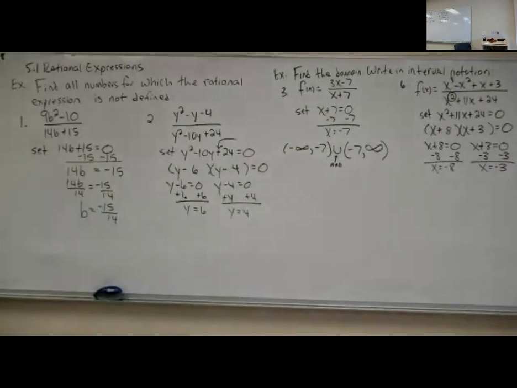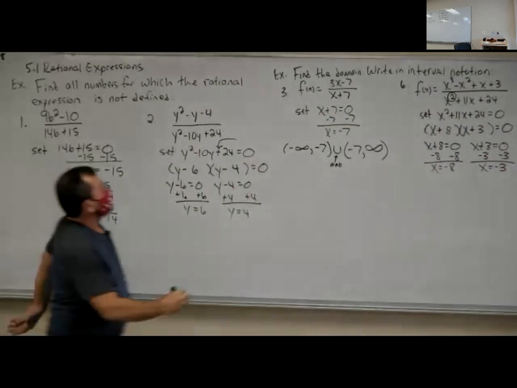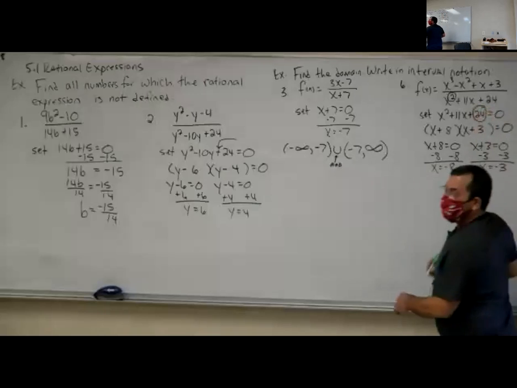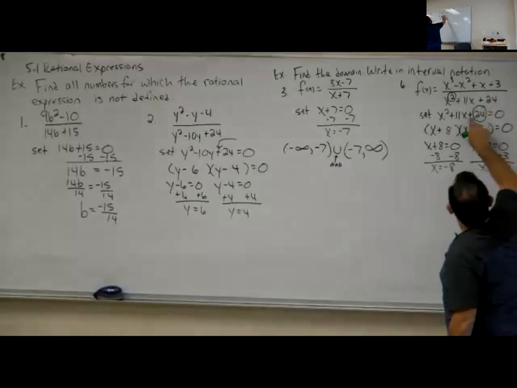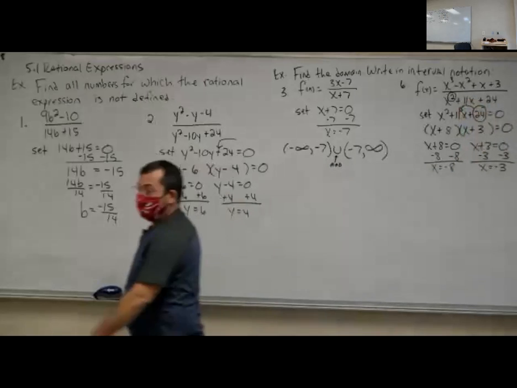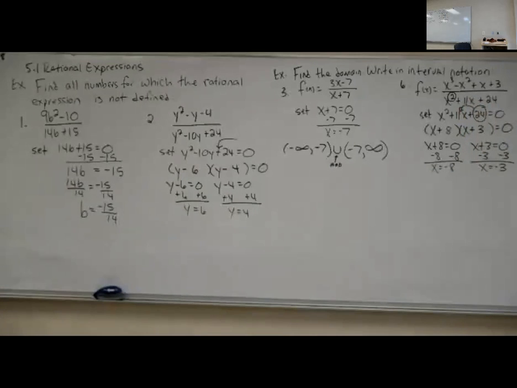Why did you get the 8 and 3? Oh, so when I factor, I always look at factors of that last number. And since that's plus there, I wanted my two numbers to multiply to get 24, that last number, but then add to get that first one, 11. So 1 and 24 didn't work, because they added to get 25. 2 and 12 didn't work, because they added to get 14.